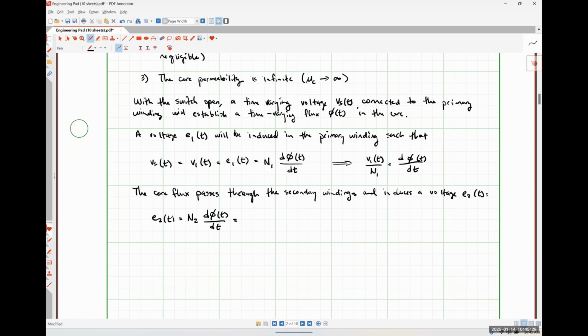And because this is a lossless transformer, or an ideal transformer, E2 is the exact same thing as V2. And we can rearrange this relationship to find that V2 as a function of time over N2 is also equal to the change in flux with respect to time.